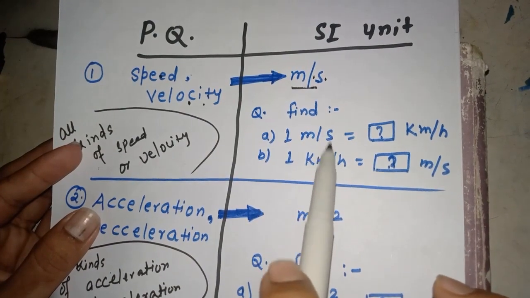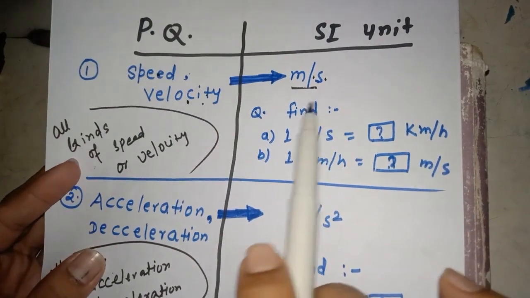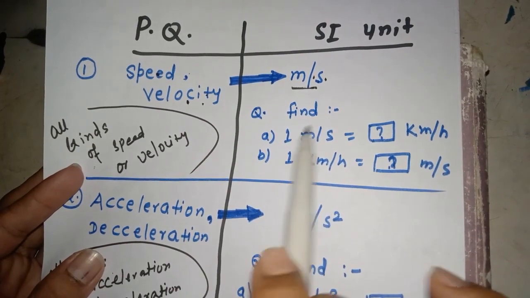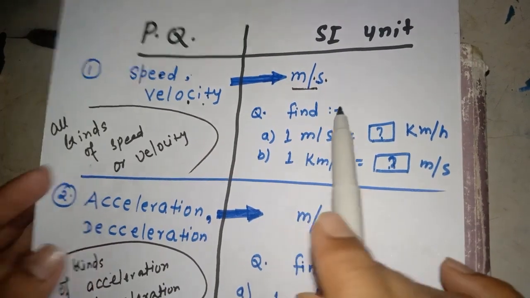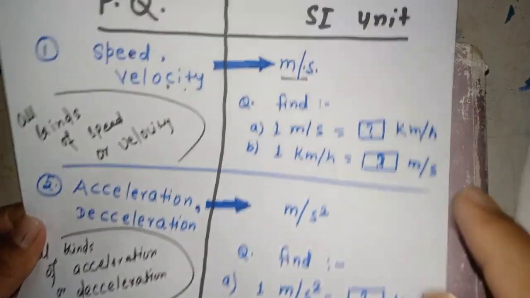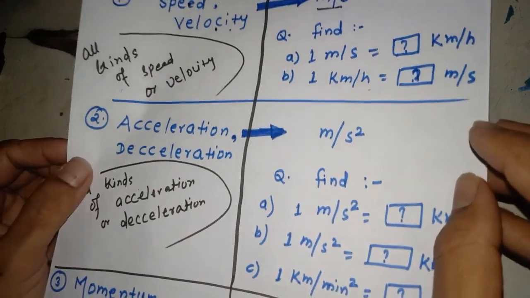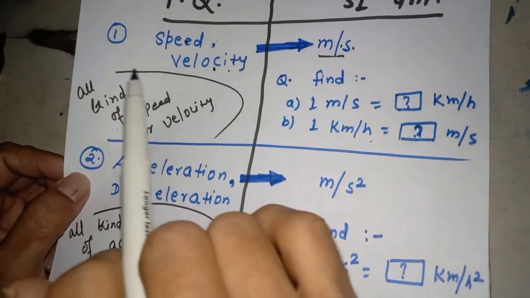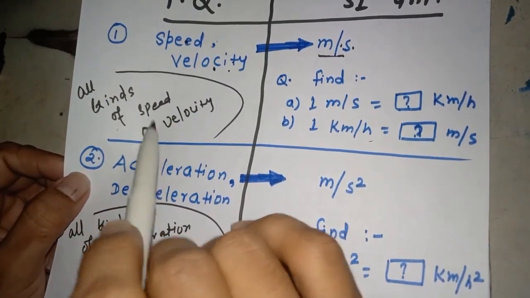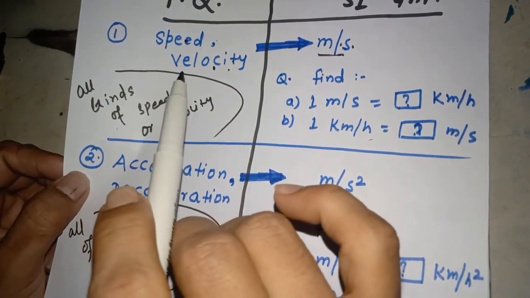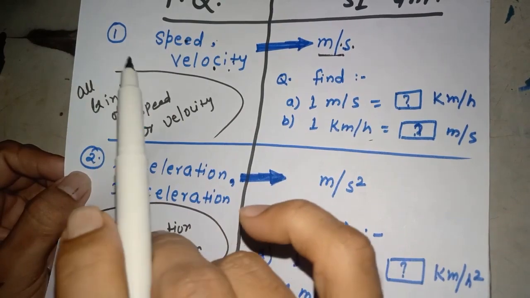So here I have given you some problems you must solve in your notebook. By pausing the video, you can write the questions and the information I have given you here. The unit never changes if the type of velocity changes.